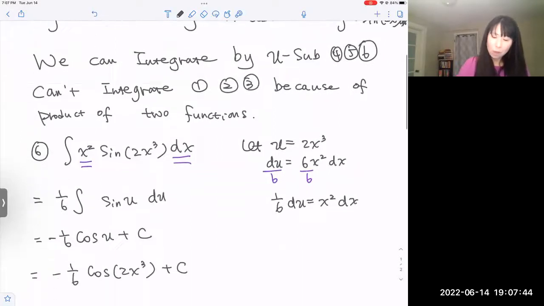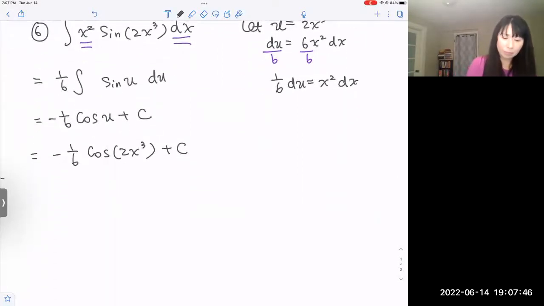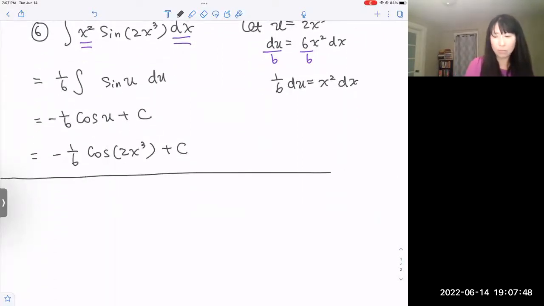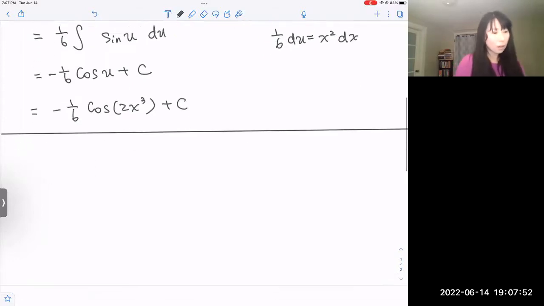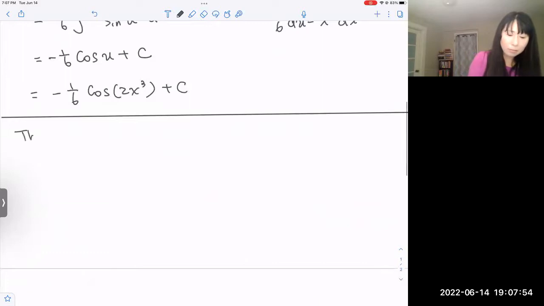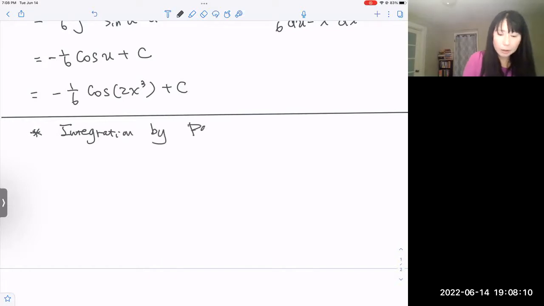So look. Let me just write down integration by parts.